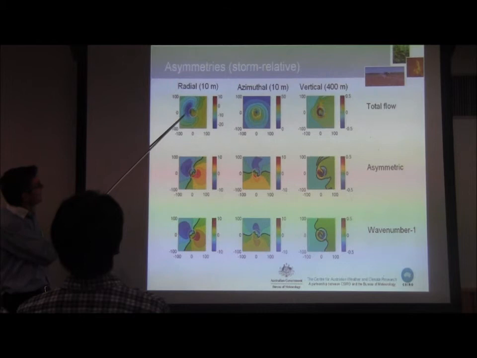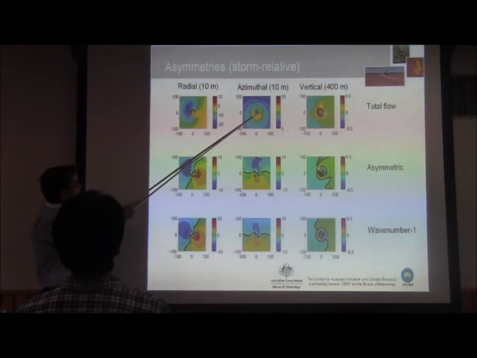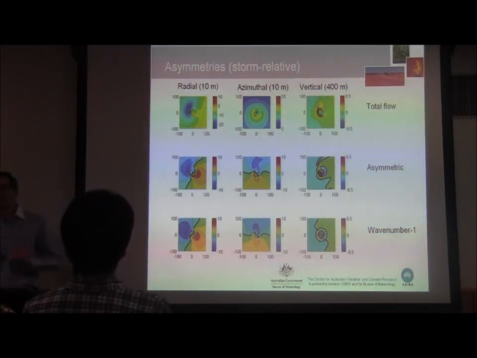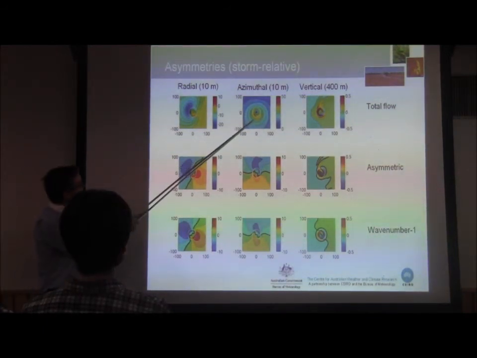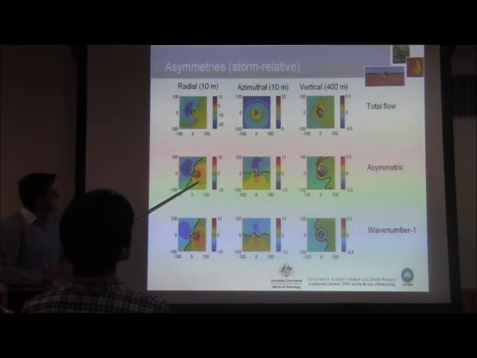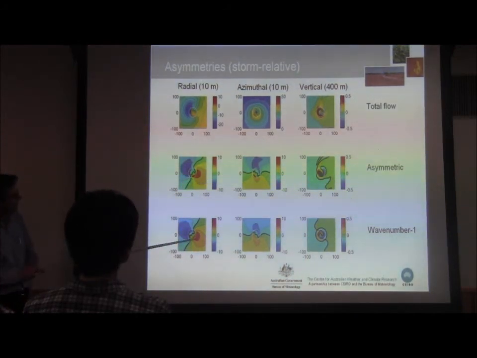The maximum inflow is still towards the front of the storm, but the maximum azimuthal storm-relative wind has actually moved around to the left. This case is again moving from right to left. Again, the asymmetric and wave number 1 components are fairly similar.